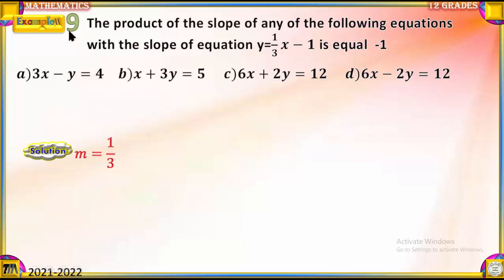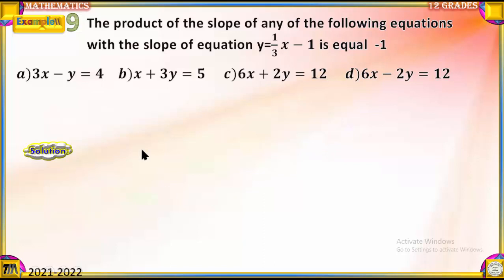Example number 9. The product of the slope of any of the following equations with the slope of the equation y equals 1 over 3 x minus 1 is equal to minus 1. This means if we find the slope of this equation and the slope of the other equation, the product of them must be minus 1.